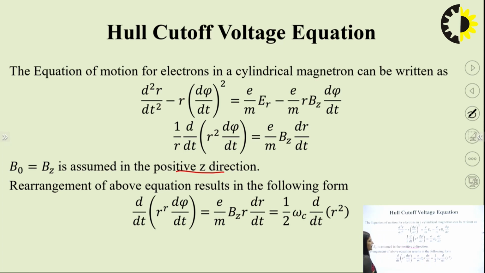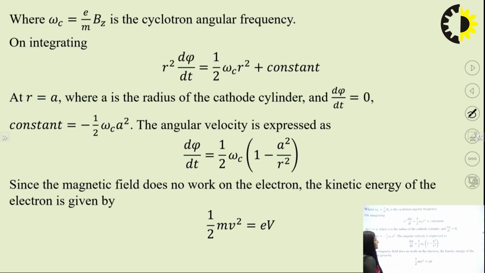Rearrangement of the above equation results in the following form: d by dt of (r squared d phi by dt) is equal to (e by m) Bz r dr by dt, which is equal to 1 by 2 omega c d by dt of r squared. Here omega c is equal to (e by m) Bz, and this is called the cyclotron angular frequency, right?